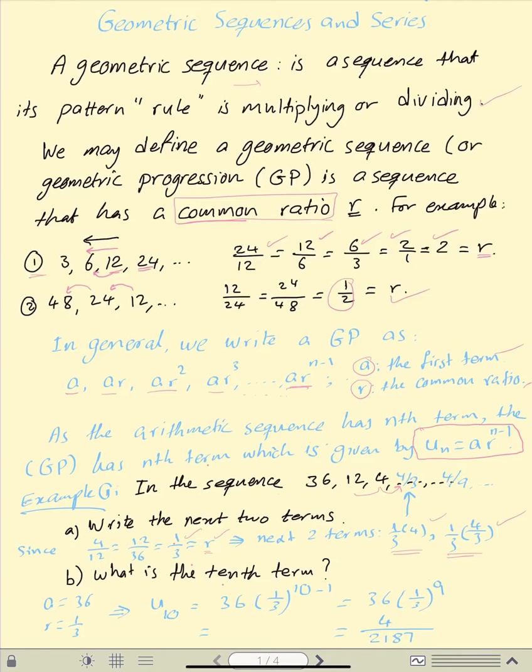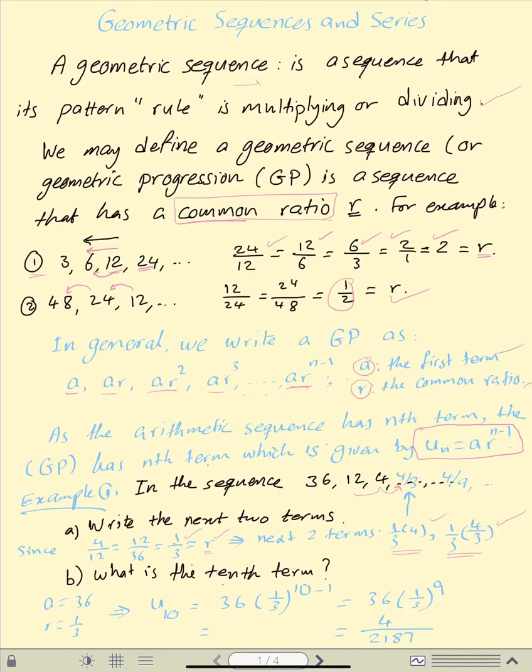Part B: what is the 10th term of the sequence? Yes, we can continue here for the 10th term, but if you ask about the 50th term or 100th term, it does not make sense to write them all out. So we use the nth term formula to write any term in the sequence.